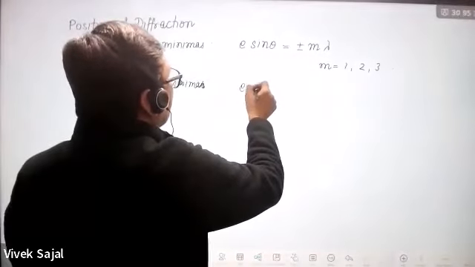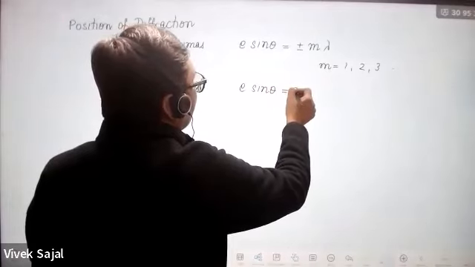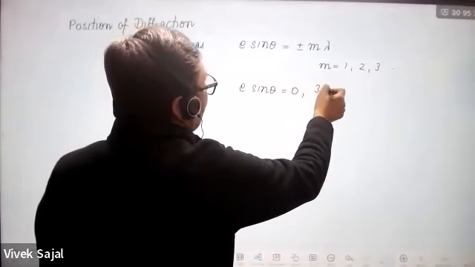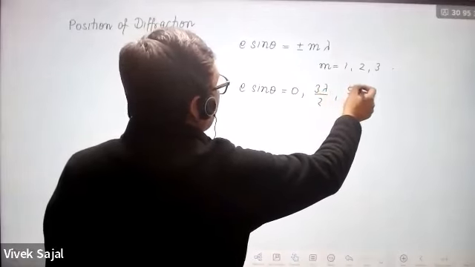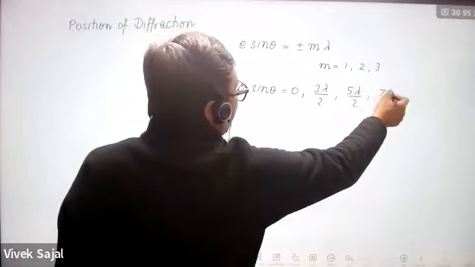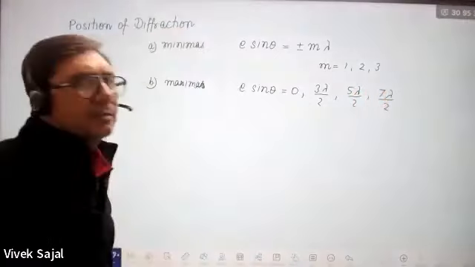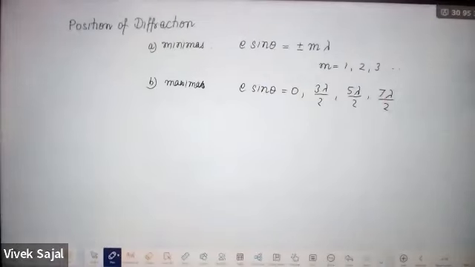That was E sin theta equal to 0, 3 lambda by 2, 5 lambda by 2, 7 lambda by 2. So it will be like this. Is this okay, beta?